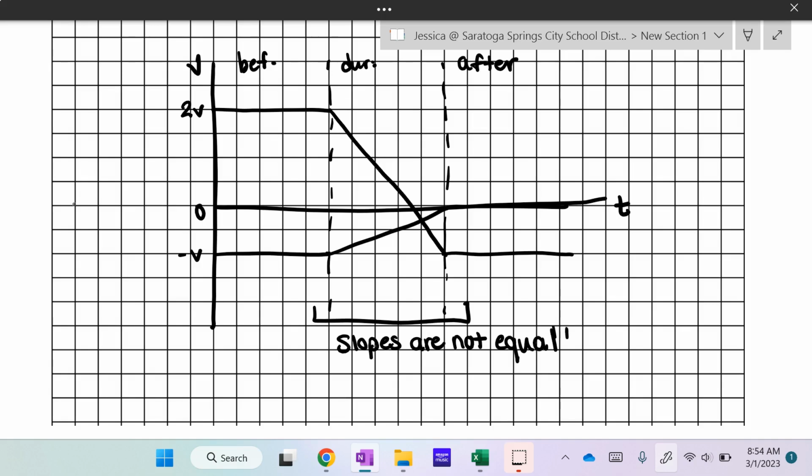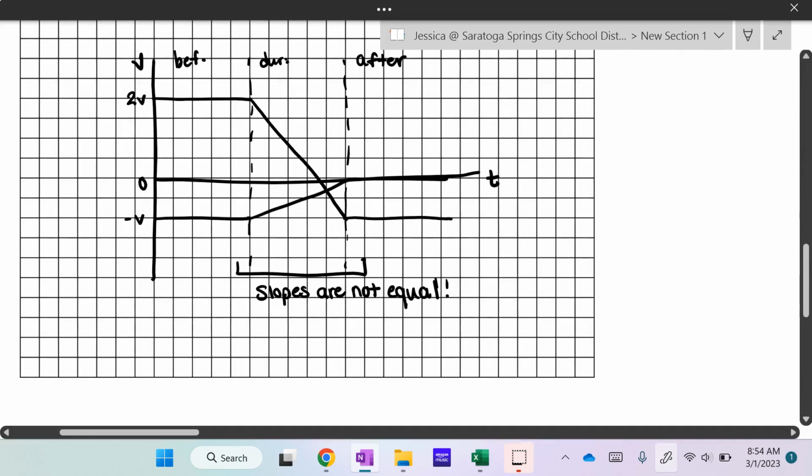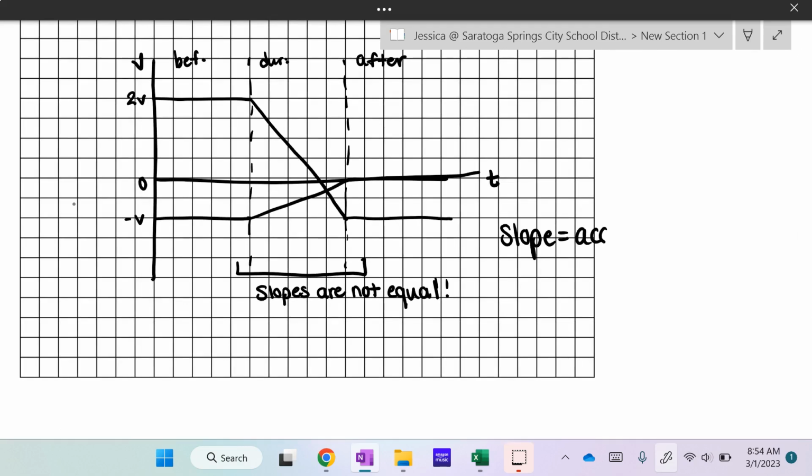That's important for us to realize because remember, on a velocity versus time graph, the slope equals the acceleration.